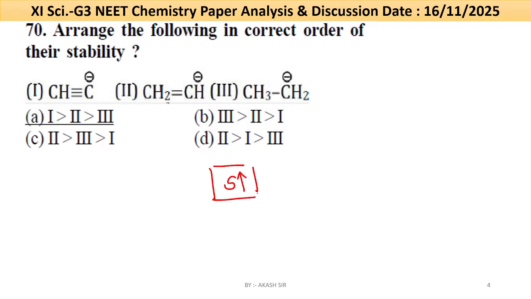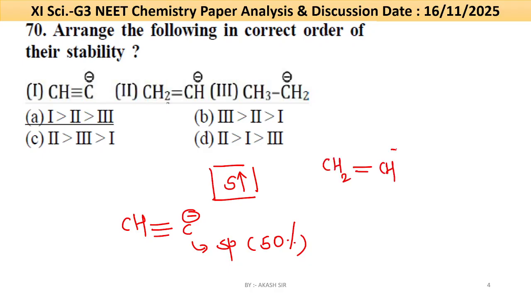Okay, now in the first option, CH triple bond C negative, the carbon with the negative charge is sp hybridized and has S character of 50%. Now the second one, CH2 double bond CH negative: the carbon with the negative charge is sp2 hybridized with 33% S character.